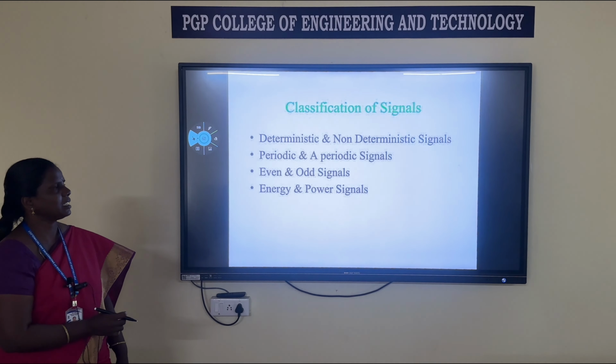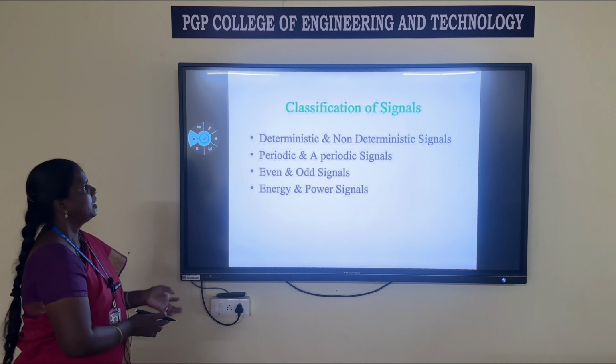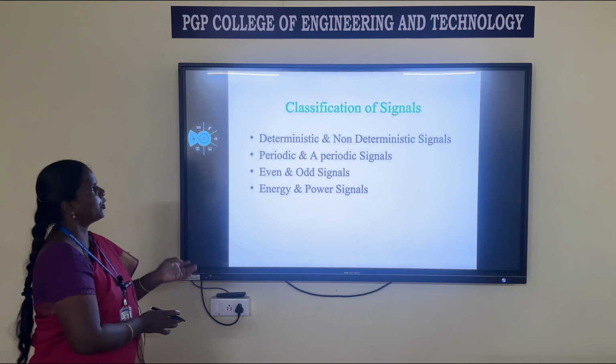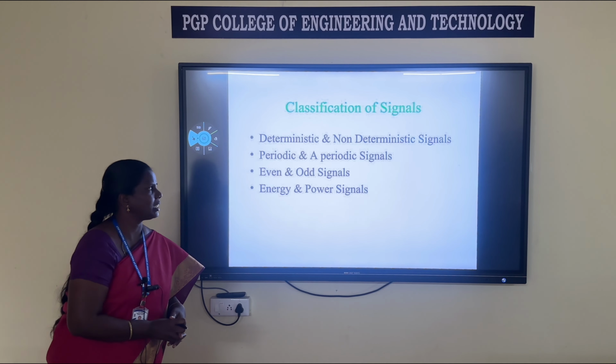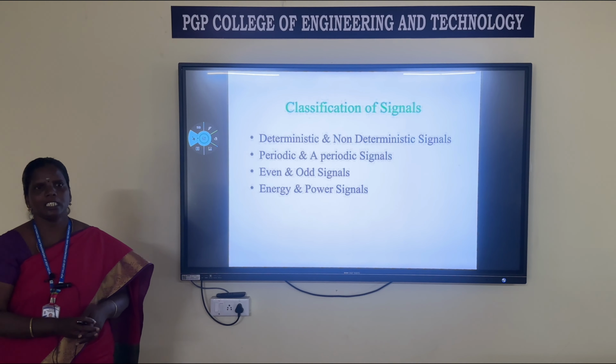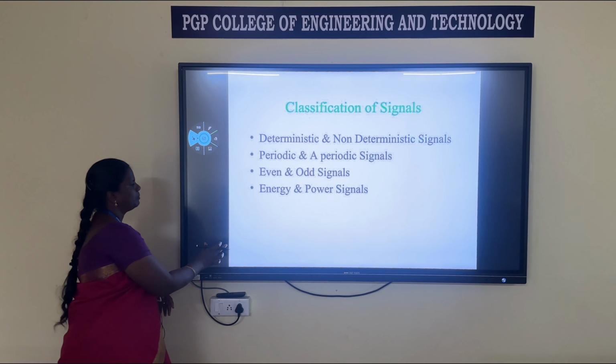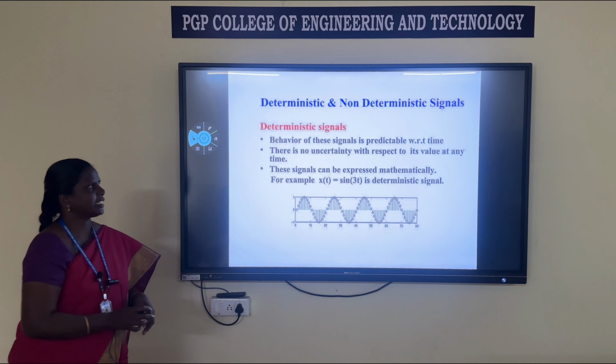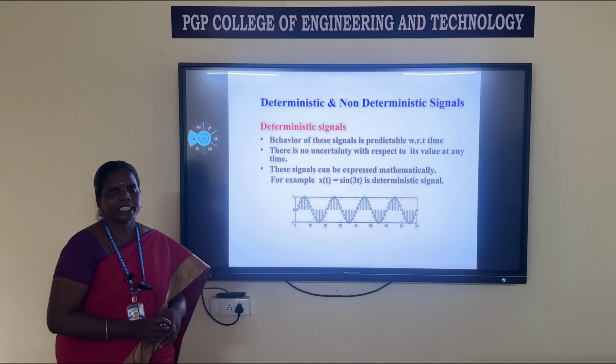So classification of signals. We can classify signals into 4 types: deterministic and non-deterministic signals, periodic and aperiodic signals, even and odd signals, energy and power signals. A deterministic signal is one whose amplitude and behavior we can predict or determine.